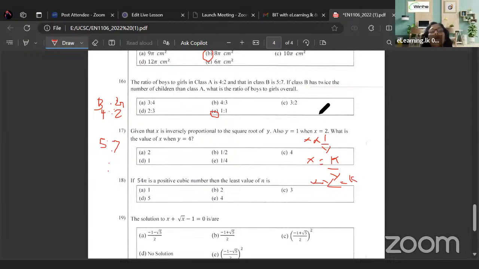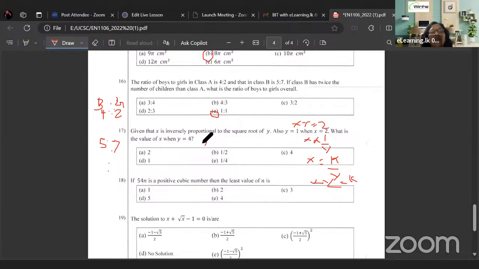Right. Now, if these two are inversely proportional, then xy is equal, y is given as 1, x is given as 2. Then xy is equal to the constant value, which is equal to 2, right? Now here y is given as 4.